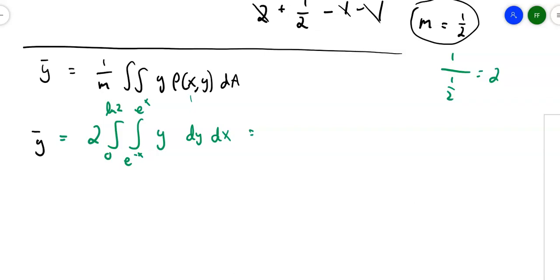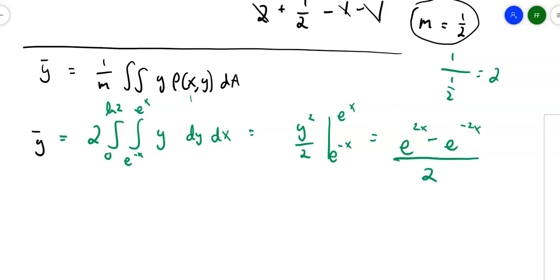So that will give me, if I take the antiderivative of y dy, y squared over 2, and then evaluate it at e to the x, e to the negative x. So that'll give me e to the 2x minus e to the negative 2x all over 2. Now, check this out. There's a 2 out here on the top. There's a 2 down there on the bottom.